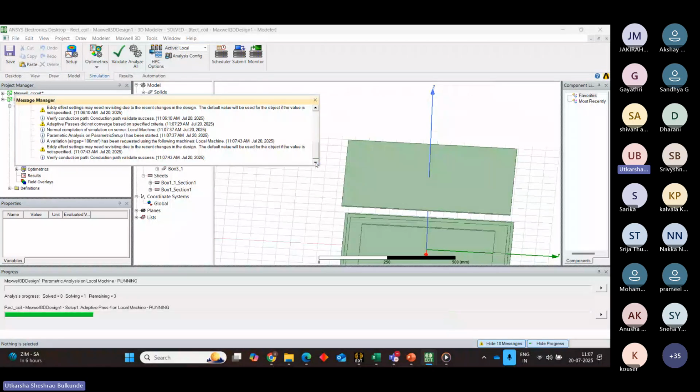Let's just wait for 5 minutes. It will get simulated. I'm simulating it because I want to understand a few things, why we are going for external excitation. Actually, I was not planning to draw this geometry, but because you guys told that you will not be able to draw this, that's why I told you how to draw the rectangular coil also.